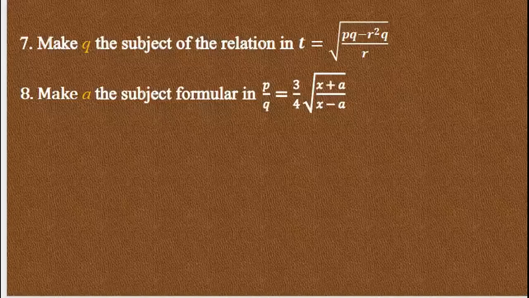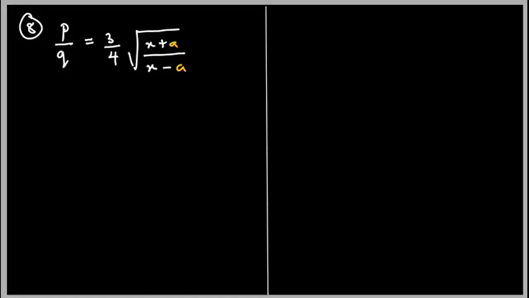Let's look at the last question. Make A the subject formula in P over Q equals to 3 over 4 all square root of x plus a all over x minus a. Now we are asked to make A the subject formula, and A is under a square root.